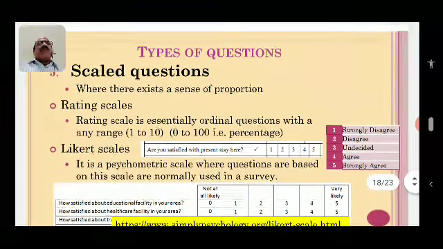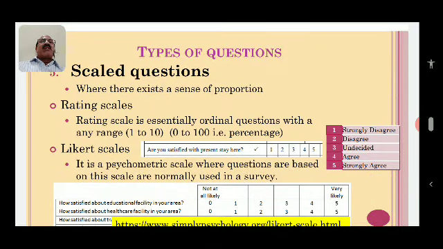Then the types of questions, next is the scaled questions, where there exists a sense of proportion. There only we can make the scale. Say rating scales. So you can have 1 to 10, 1 to 5. If you are saying it's 0 to 100, then we are thinking in terms of percentage.